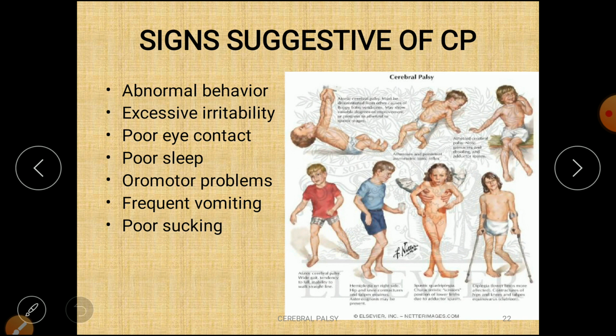Signs suggestive of cerebral palsy: abnormal behavior of the child, excessive irritability or crying, poor eye contact. Okay, the child will not make eye contact socially. Then poor sleep, oromotor problems, salivation and drooling, and problems with the teeth. Okay, frequent vomiting and poor sucking are signs suggestive of cerebral palsy.